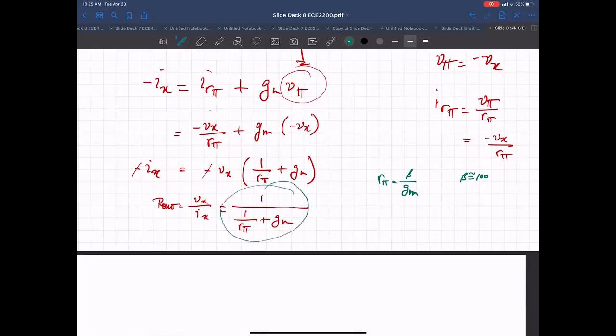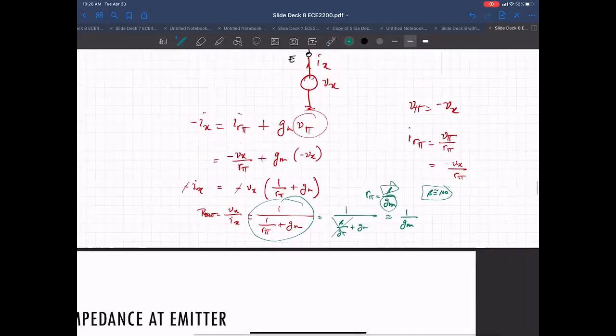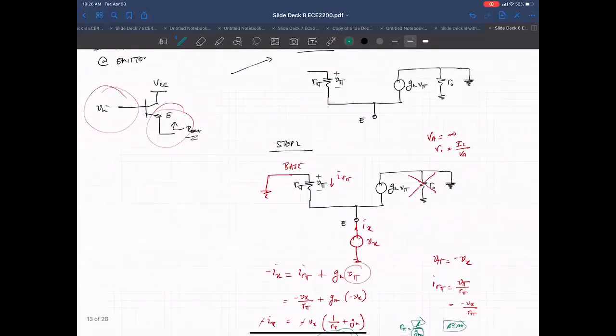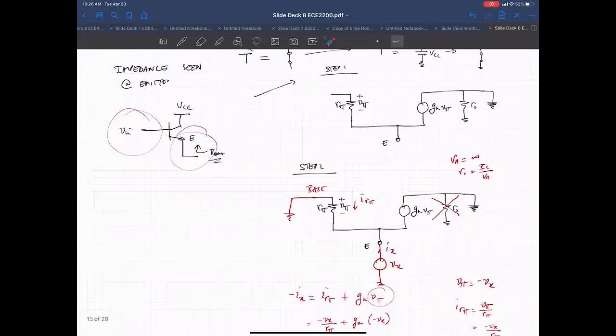Because beta is high, this is equal to 1 over beta over G sub m plus G sub m. You can kind of ignore this because beta is a large number over G sub m, and you end up with approximately 1 over G sub m as your output impedance.